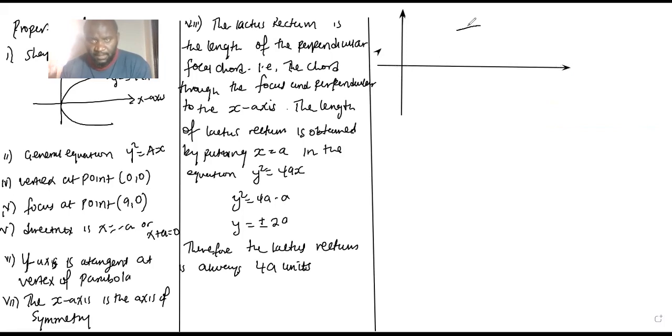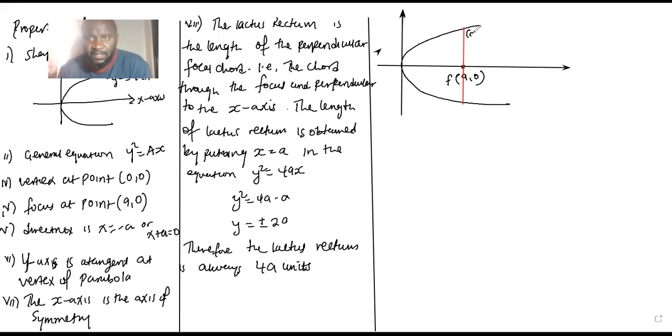This is the parabola, and this is the focus. Remember, the focus is (a, 0). Then the perpendicular that passes through the focus from the parabola up there to down here is what we call the latus rectum.